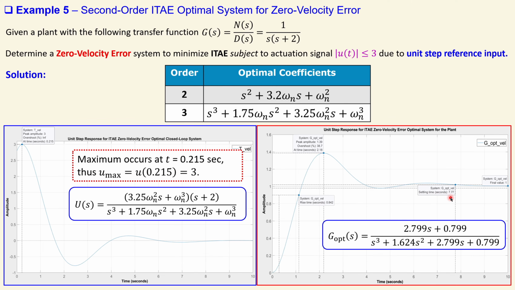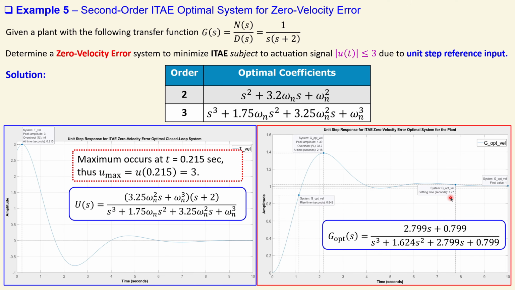Now this is happening because we have put a unit step reference input and considered a velocity error criterion, which is a different thing. So it differs, but we put more emphasis on the zero velocity, not on the zero position. That's also the reason why you see these high differences between those two plots.